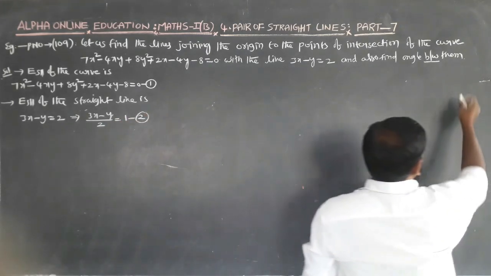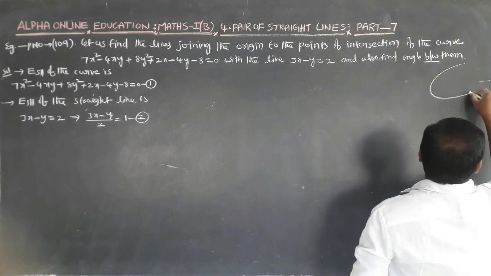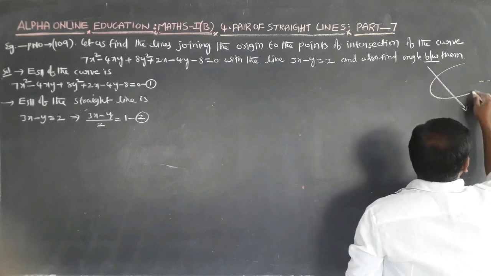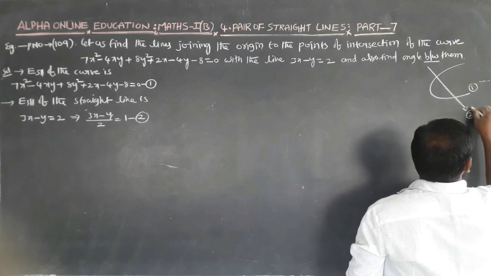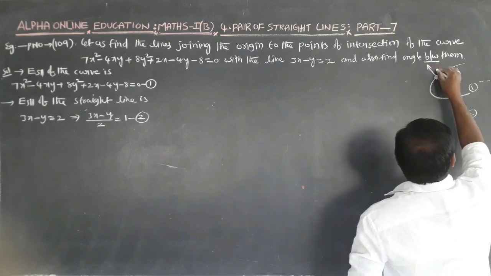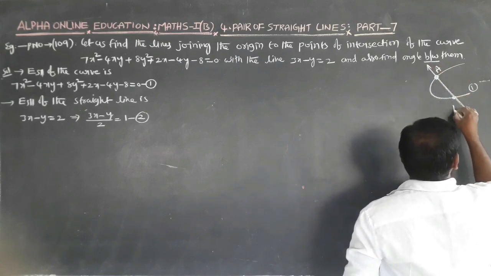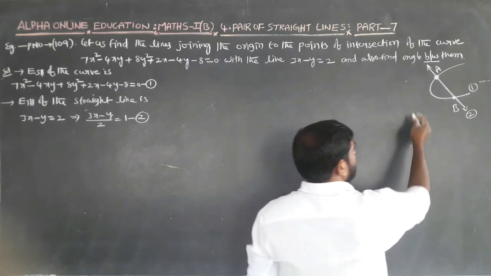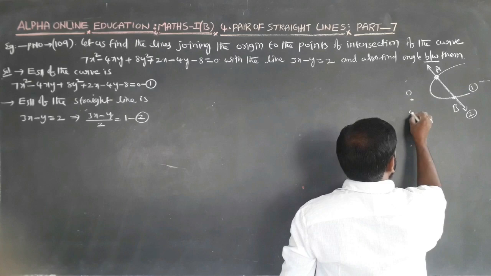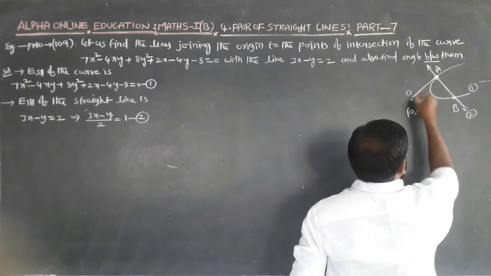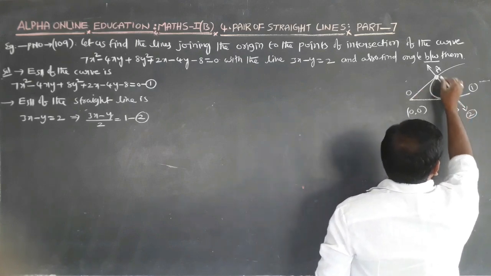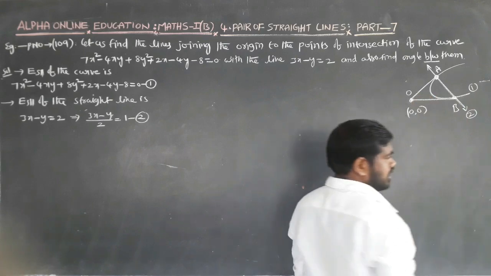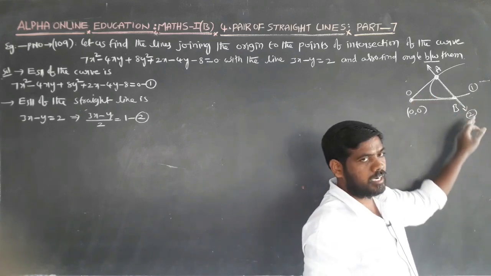Here this is the curve, this is the line; the curve and line intersect at A and B. Here we find the lines joining the origin to the points of intersection of the curve and line.